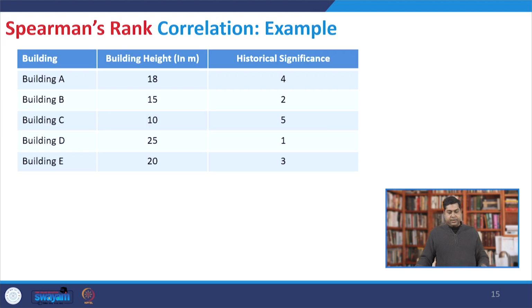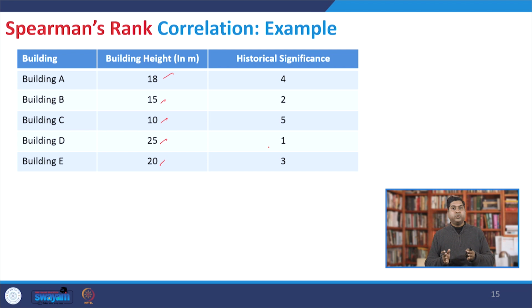Let us understand. In this case I picked up an architectural example. There are 5 buildings, building A, B, C, D and E, and we measured the height. Building A is 18 meters, then 15 meters, 10 meters, 25 meters, 20 meters. Then we also gave some historical significance as a ranking.